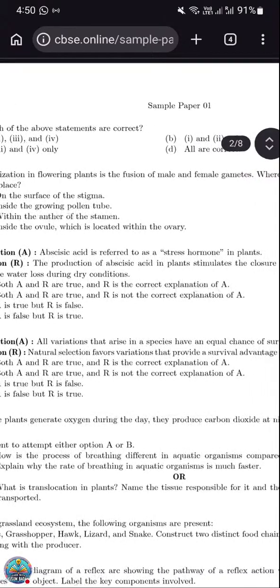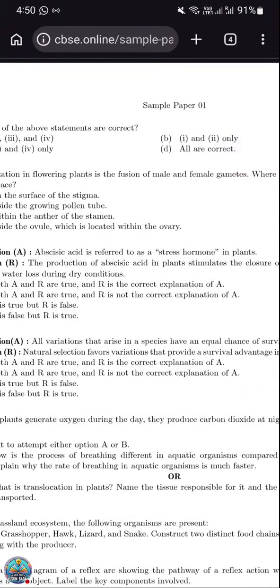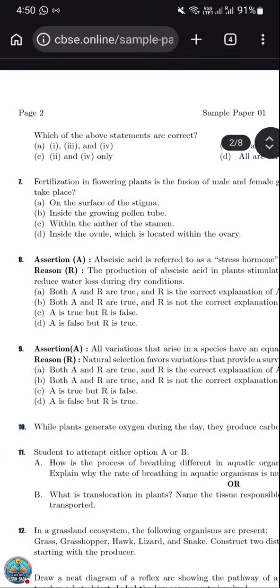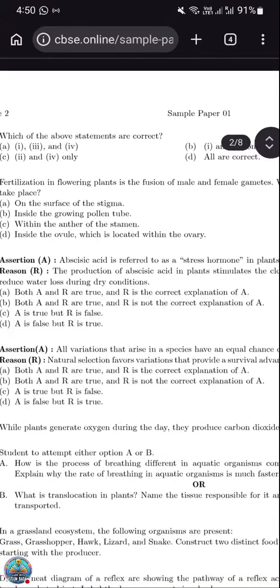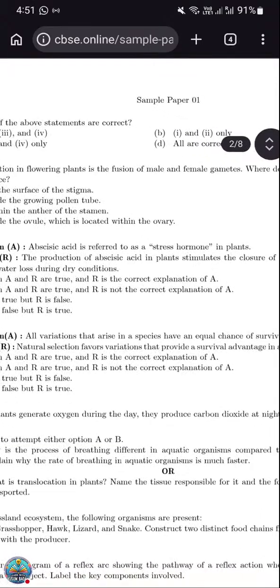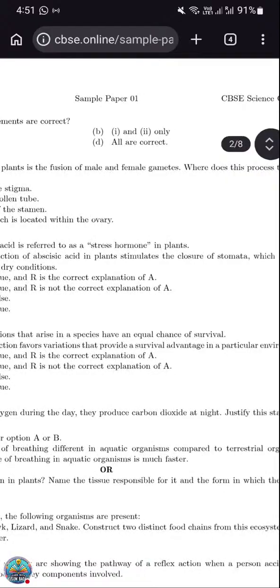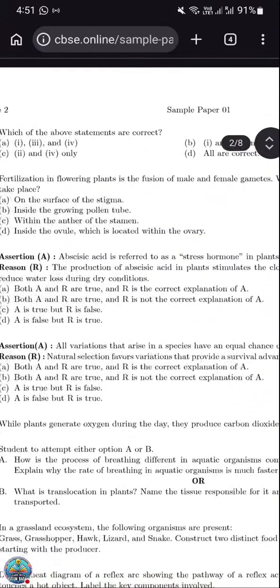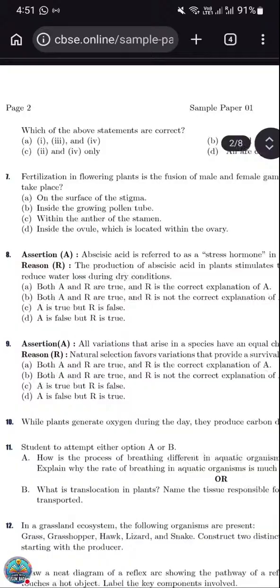Abscisic acid is referred to as stress hormone. So this is a different one. In your NCERT it is not given, but it is correct. Abscisic acid is referred to as stress hormone in plants. Reason: the production of abscisic acid in plants stimulates the closure of stomata, which helps to reduce the loss of water during dry conditions.